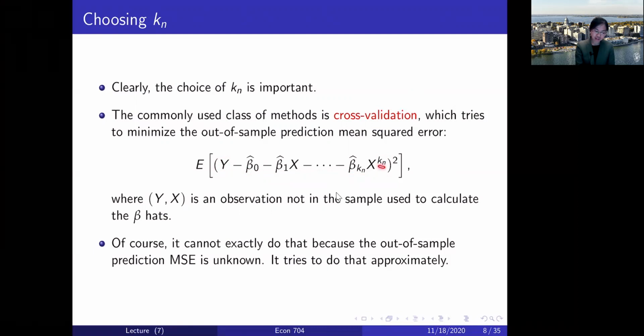Of course, a small Kn also can hurt, because the smaller the Kn is, the fewer terms you're using, and the less likely you are to approximate the true shape of the conditional mean.